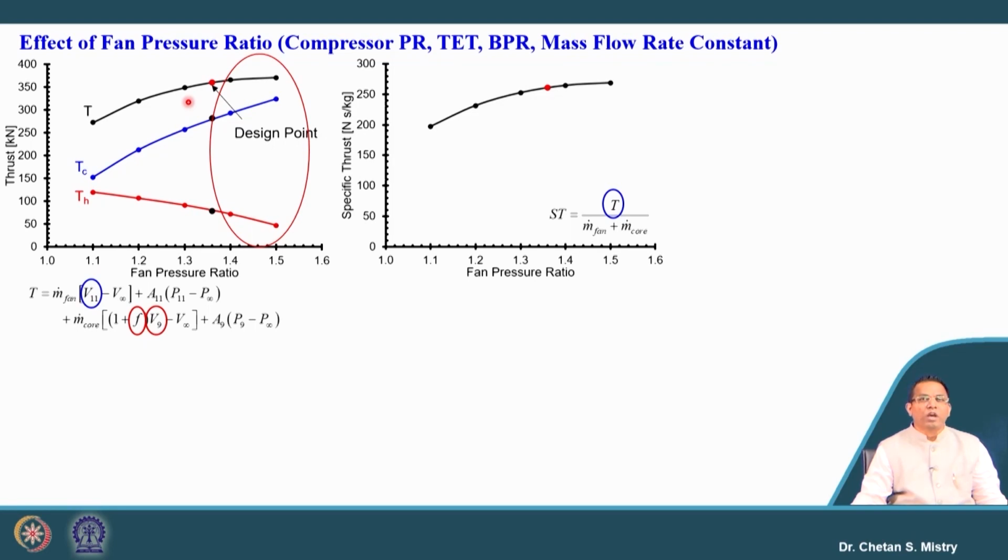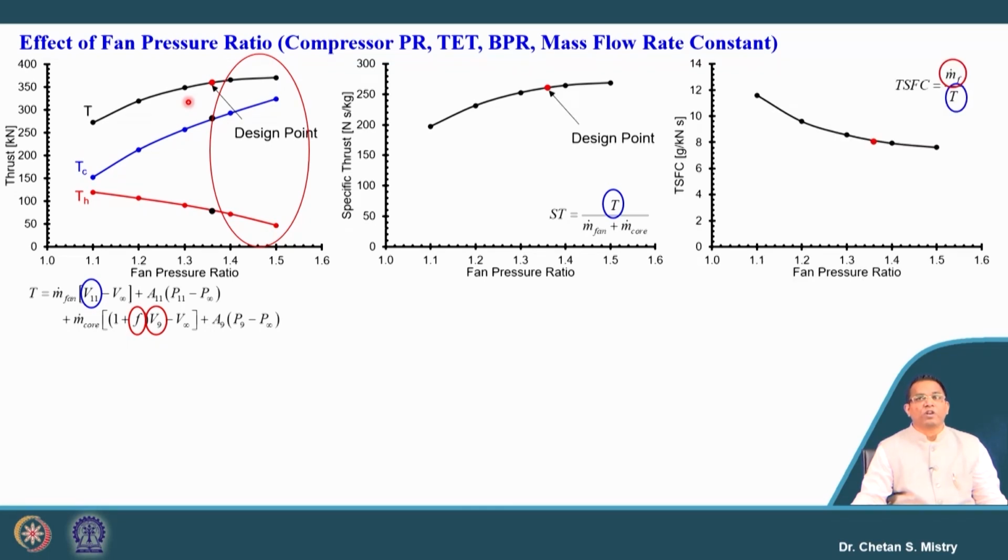Now, let us look at the thrust specific fuel consumption. With the increase of fan pressure ratio, the thrust specific fuel consumption will reduce.